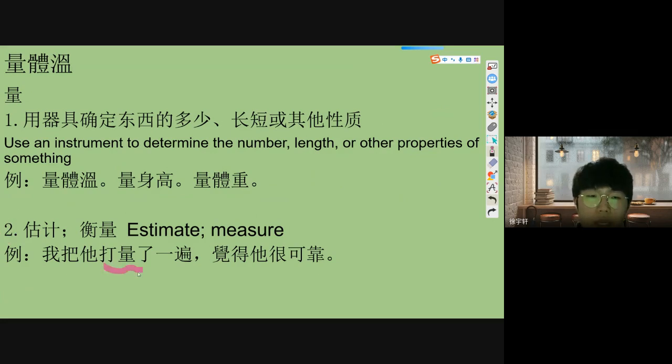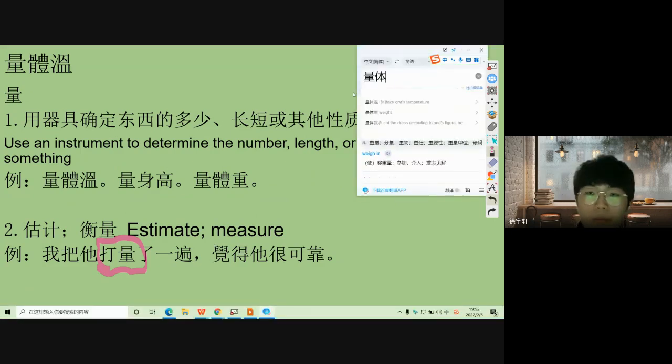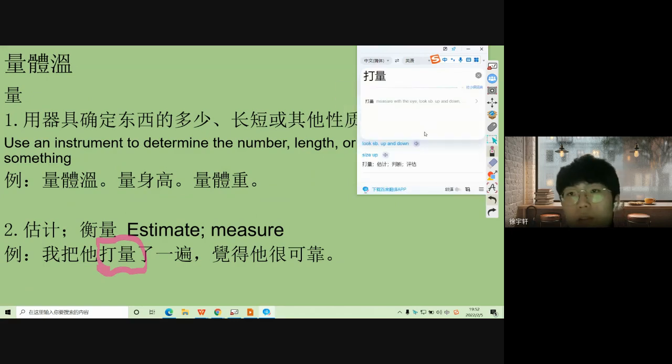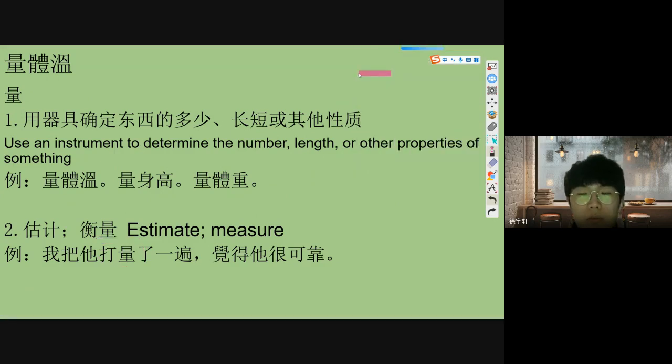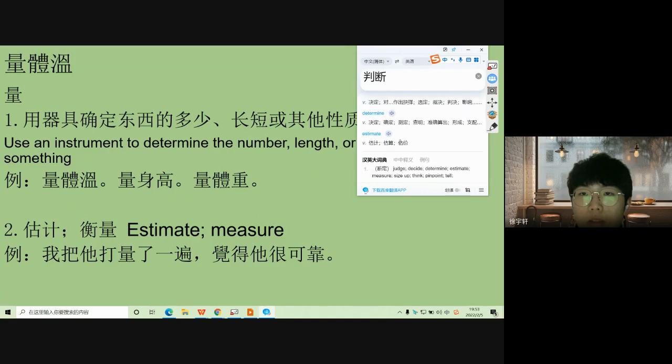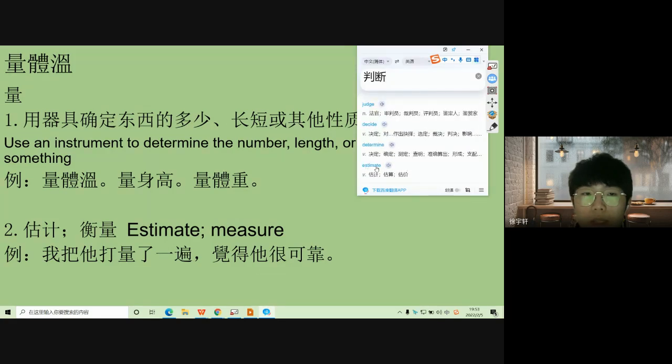So the second meaning, you don't have to remember this, because we only use it when we put 打 and 量 together. 打量 means you measure something with your eyes, look somebody up and down, size up something, to judge or estimate what kind of person this is.